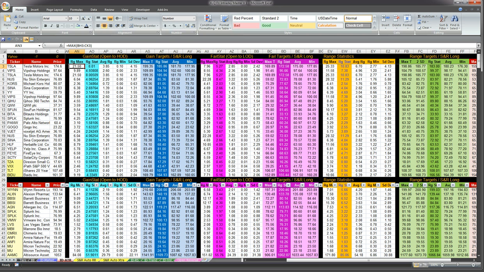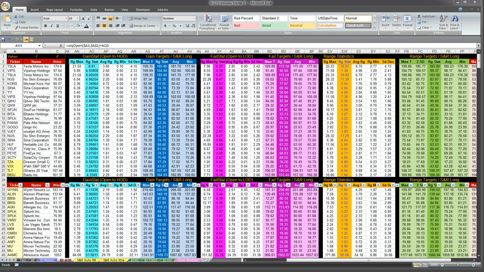So I actually use these in the morning. It's the same setup here, it's just configured with the price. The open plus the max, the open plus the standard deviation and average, the open with the average, and then the open with the minimum, what that would be in price.